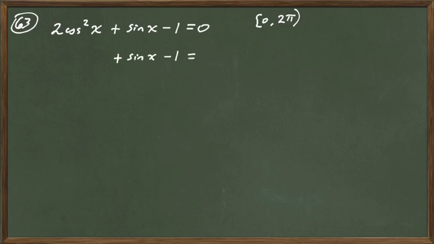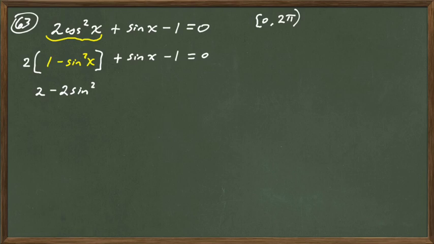I probably, therefore, should change this into sine. 2 cosine squared. Is it 2 times, what could I call cosine squared? 1 minus sine squared. 1 minus sine squared.